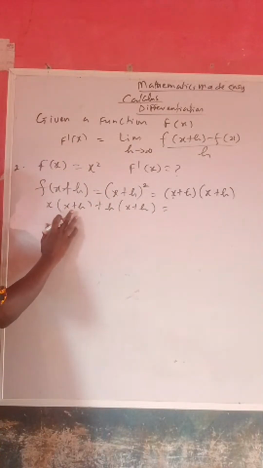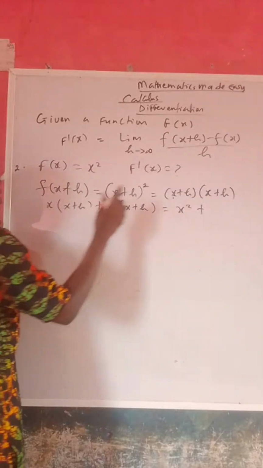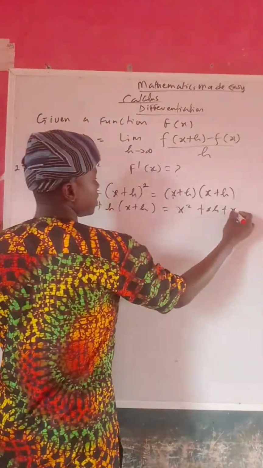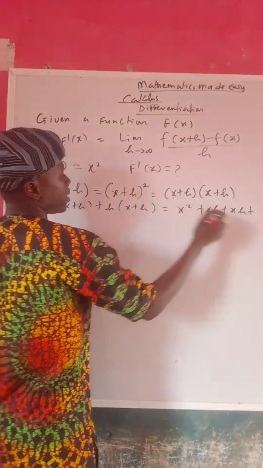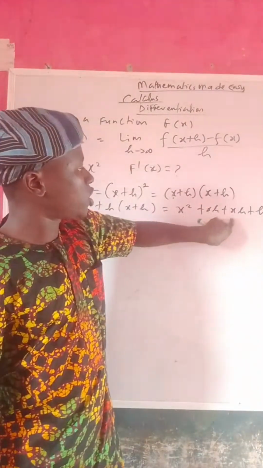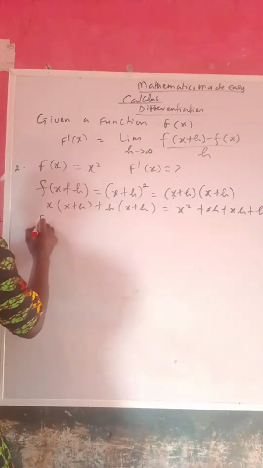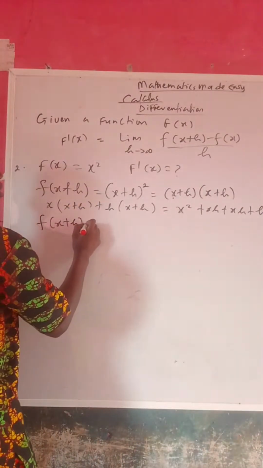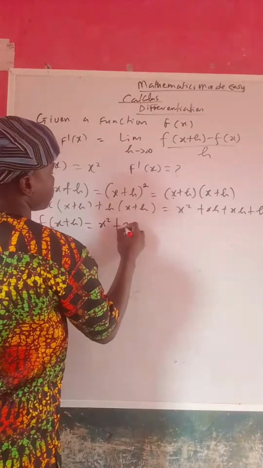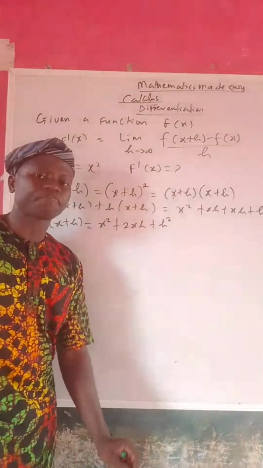So x multiplied by x equals x to the second power, x multiplied by h will give us xh, plus h multiplied by x, xh, plus h multiplied by h, h to the second power. Then xh plus xh will give us 2xh. So we have f of x plus h equals x to the second power plus 2xh plus h to the second power.